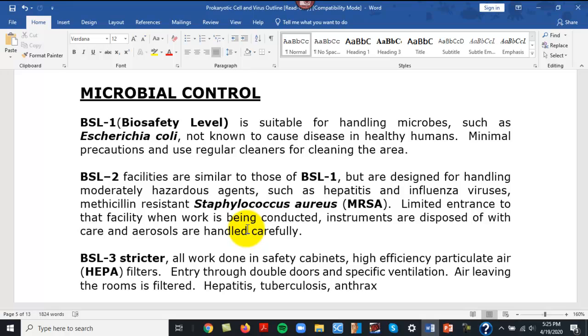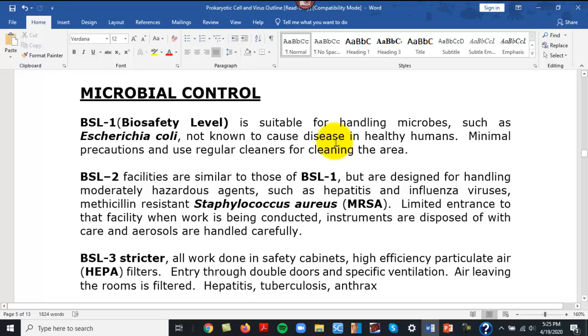And if you're going to work with microbes, there are some microbes that you can only work in the higher level labs. The ones that have the HEPA filters and the hazmat suits, and you get sprayed when you leave and things like that. But a BSL-1 is probably like a little college lab.